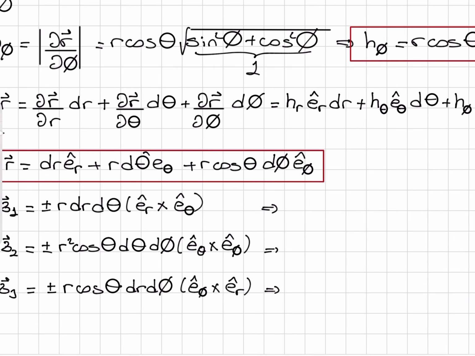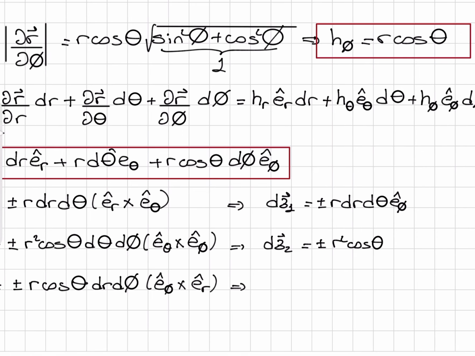Now this tells me that for d sigma 1, because r, theta, and phi form a right-handed coordinate system, er hat cross e theta hat is e phi hat. So this is plus or minus r dr d theta e phi hat. And for d sigma 2, we have plus or minus r squared cosine theta d theta d phi.